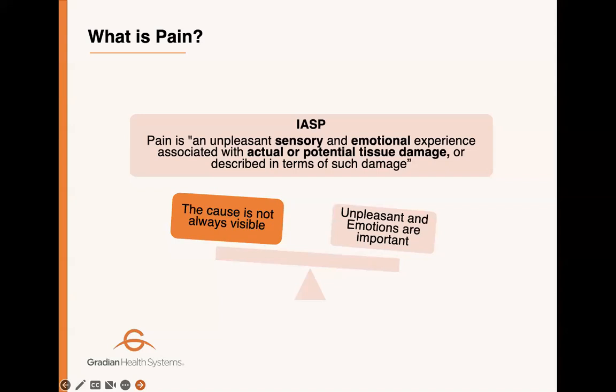This means that pain is subjective and multi-dimensional in nature. The cause of pain is not always visible, and it is important for us to know that there is no balance, and noting the unpleasantness and the emotions are important factors to consider while managing pain. Next.